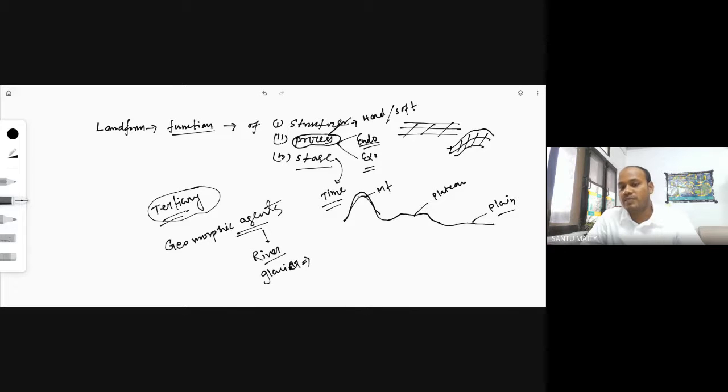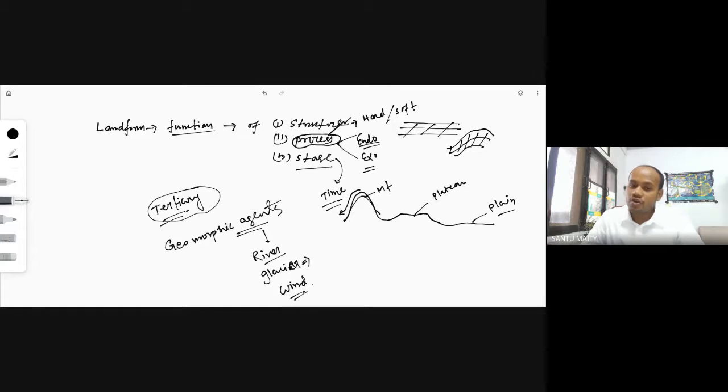At the top of the Himalayan mountain, there is a permanent deposition of ice, and those ice sheets are moving from top to the bottom in this way, and then melting into river water. This movement of the ice sheet is known as glacier, and glacier is also a geomorphic agent. There is another geomorphic agent which is known as wind.